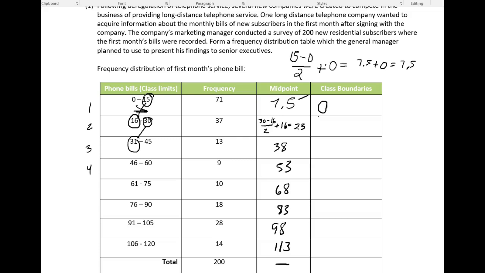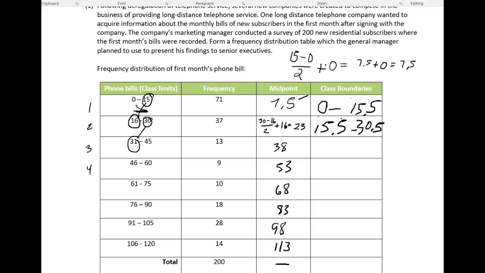So we just want to meet at the midpoint between those two, and so that's going to be 15.5. So these are class boundaries. Then we go down here, and this one we know is going to be 15.5. And we do the same thing right here, so that's going to be 30.5.